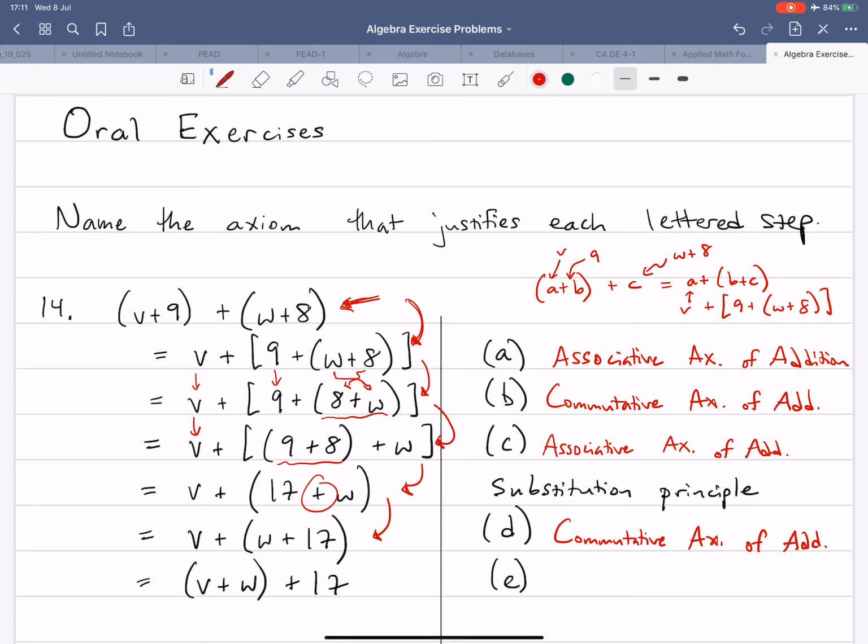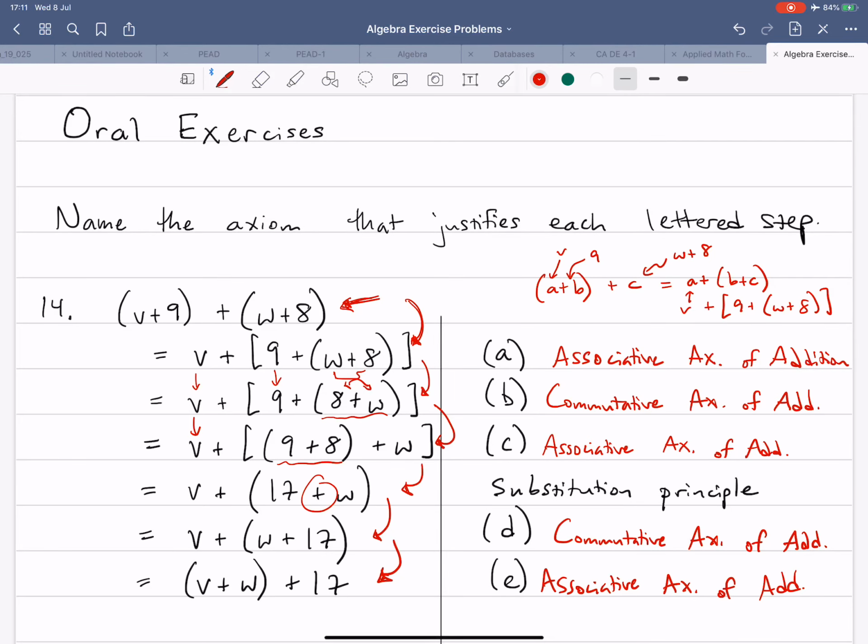Okay, finally, to get to this last step, all we've done here is just change the grouping, right? Instead of grouping W and 17, we've grouped V and W. And we know that when we talk about changing the grouping, it's the associative axiom in this case of addition.